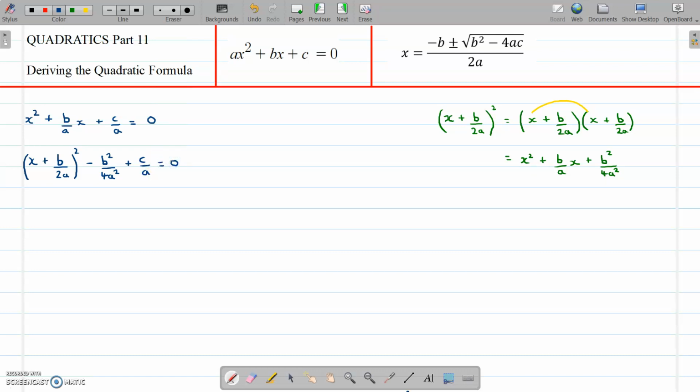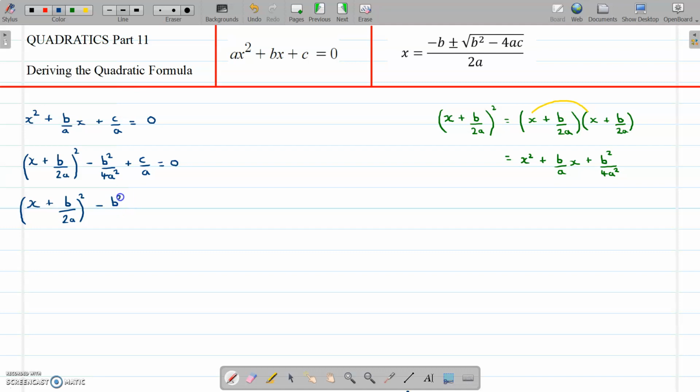Now, the next thing I do is I move all this stuff across to the other side. I can either do that now, or I can do one more thing first, which I tend to do next. So I'm going to leave the first part alone, and I'm going to put the second part of that into a single fraction. In a moment, you'll see how it works.